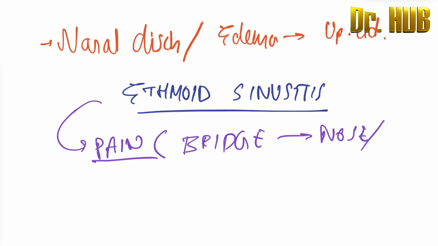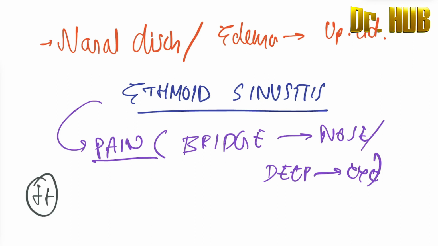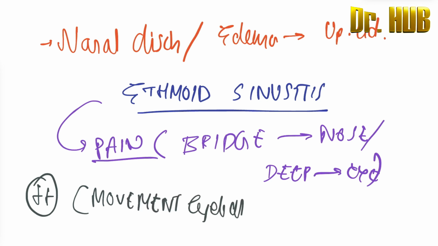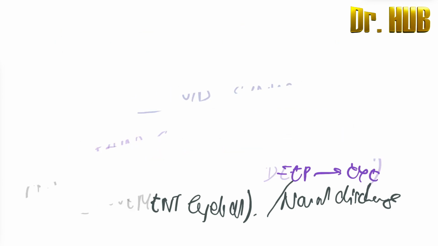It is aggravated by movements of the eyeball. There can also be nasal discharge. All these are features of ethmoidal sinusitis.